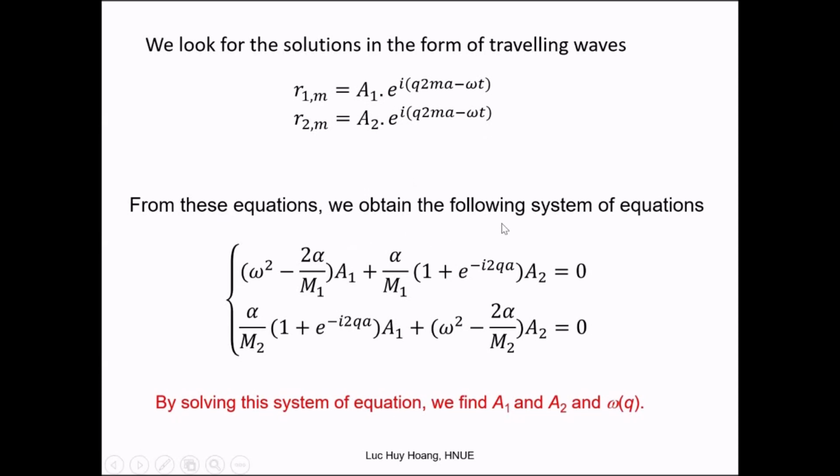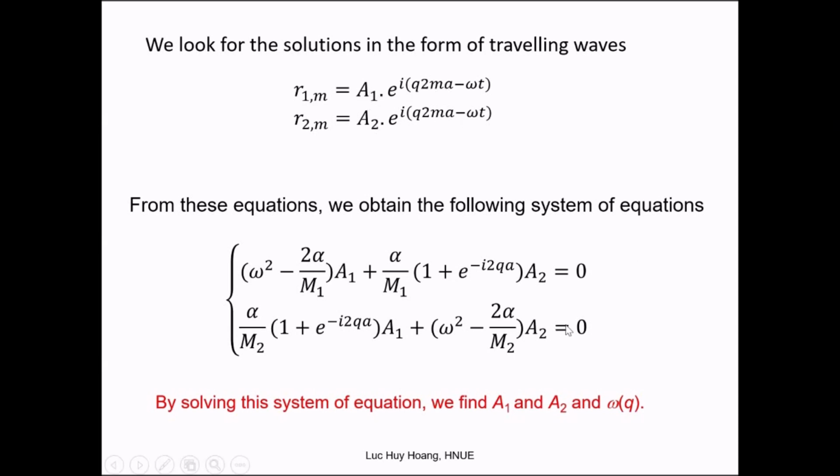From the equations, we obtain the following system: omega squared minus 2 over M1 times A1, and similarly the second equation, so two equations. But we have to solve them to find A1 and A2, because A1 and A2 are the amplitudes of the vibration.